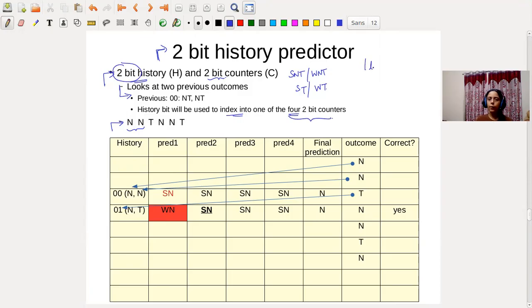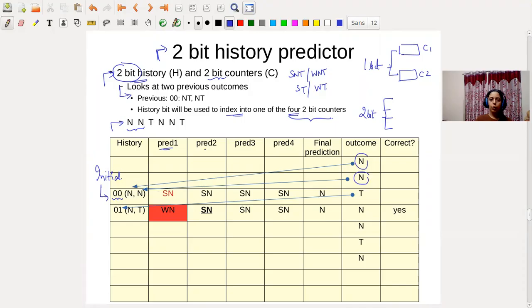Because we have two bits for the history, we can have four counters now. Earlier we had a one bit history and we were indexing into two counters, counter 1 and counter 2, each of them themselves 2-bit counters. Now we have 2 bits of history, so obviously we can index into 4 counters. That's shown in this table. Let's say you have a history which is 0, 0. What this means is the previous 2 times the branch was not taken. So this can also be considered as an initial state.